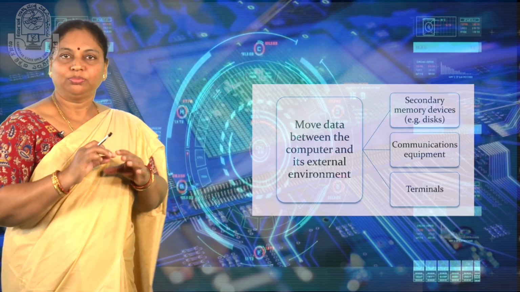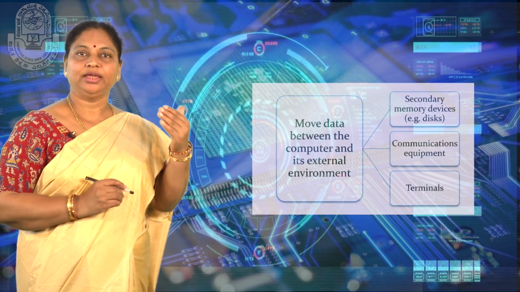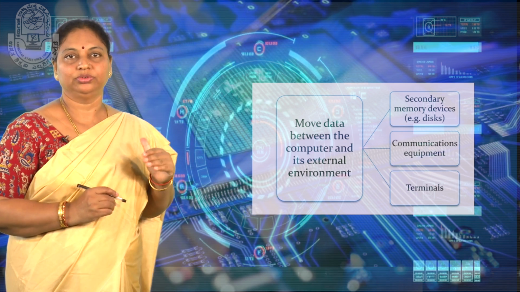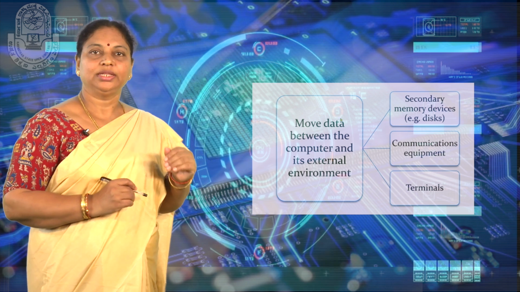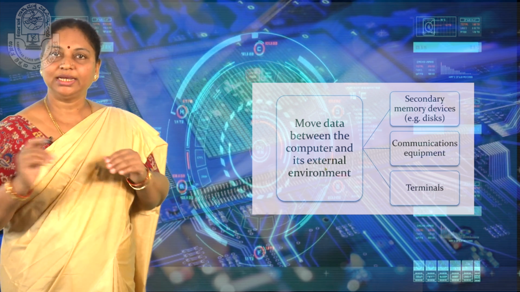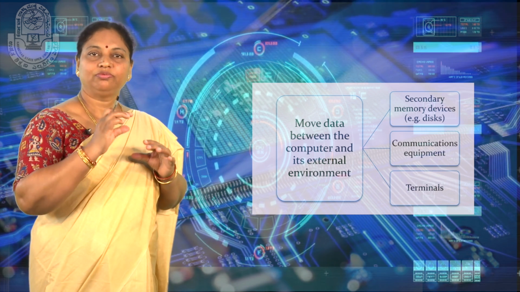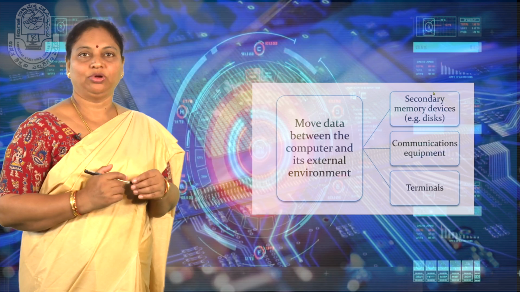Or suppose now we are not using the magnetic tapes. Initially, when magnetic tapes were used to write the file, the system may encounter the physical end of the tape. So for that type of error, it should generate one system call.